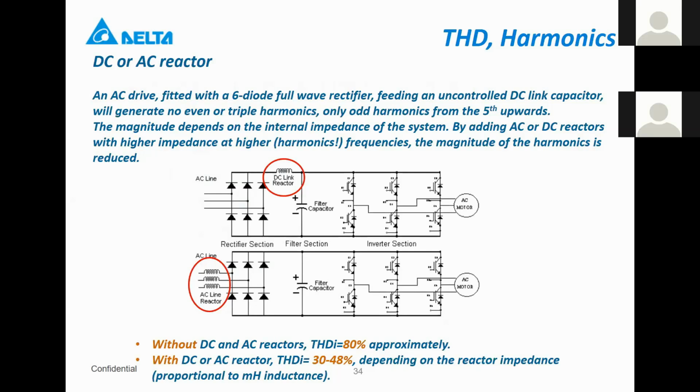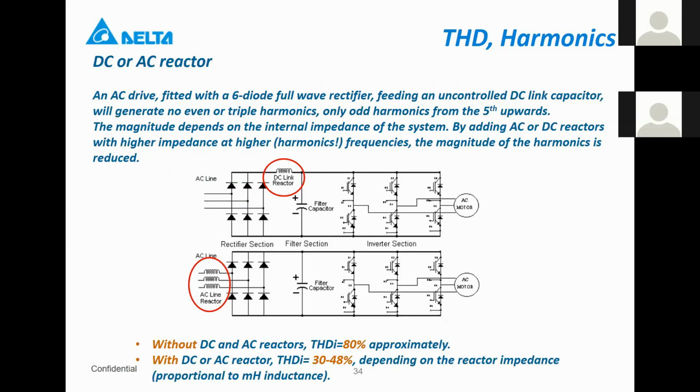Without any reactor, the THDI is roughly between 80 and 90%. With a DC reactor, you can lower it directly to lower than 48%. It depends, of course, on the impedance of the reactor itself.